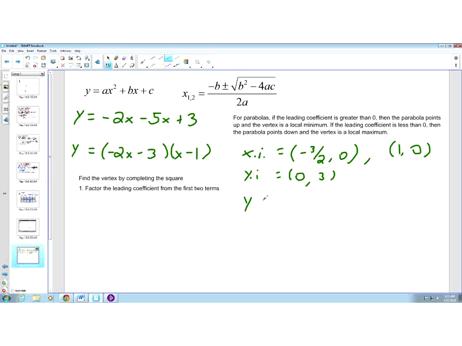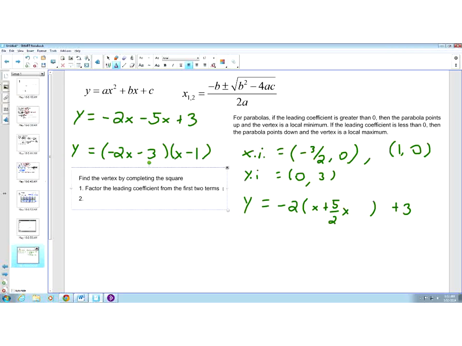So y, when we factor the leading coefficient, which is -2 from the first 2 terms, we'll have y is equal to -2 times x plus 5/2 x plus 3. All right, so that's step 1.